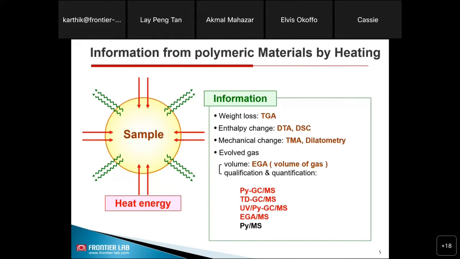One is pyrolysis GCMS, where it goes with flash pyrolysis followed by GCMS, and thermal desorption followed by GCMS, and UV photo-oxidation followed by pyrolysis GCMS, and evolved gas analysis with MS. So these are the different ways through which one can determine the chemical composition of rubber materials. Then that can be used for product confirmation, reverse engineering or failure analysis.